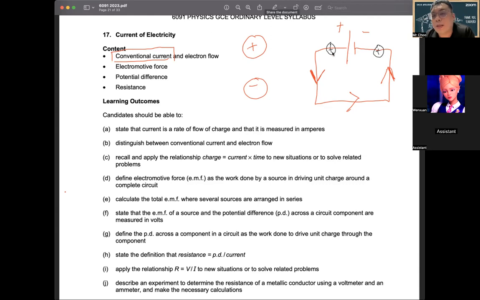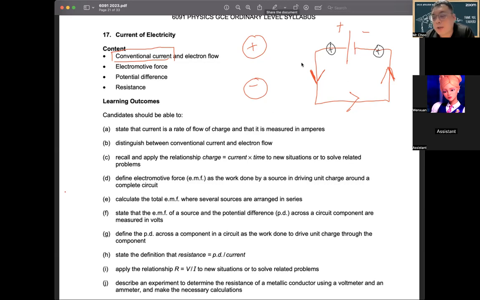We are assuming that the positive charge is moving from the plus point to the negative. Why does it move from plus to negative? Because plus and plus repel, so it moves away, and plus and minus attract, so it moves towards the negative point. Up to here, any question?